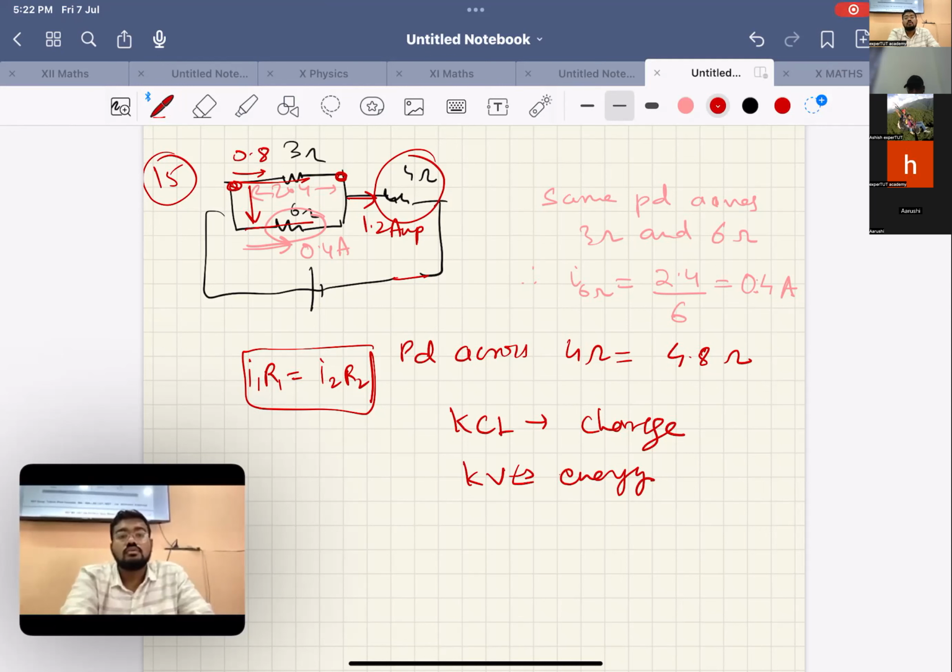KVL is conservation of energy. Everywhere it is written, it is just conservation of energy, not charge. Where is it written? Single circuit element.